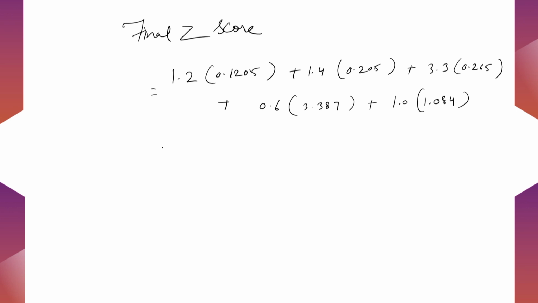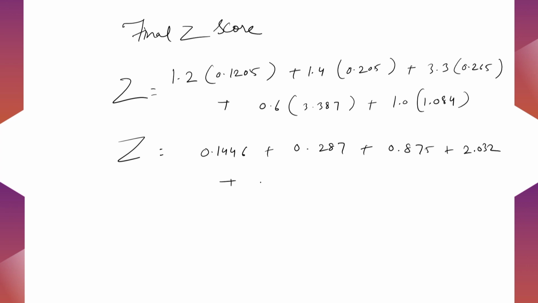So we got the value of Z, which is 0.1446 plus 0.287 plus 0.875 plus 2.032 plus 1.084. So the Z is equal to 4.43, which is greater than 2.99, showing that the company is in the safe financial zone.